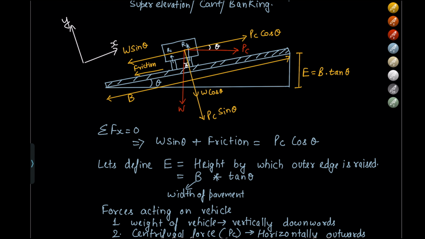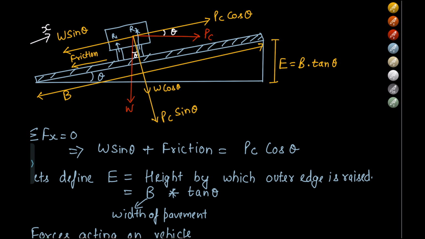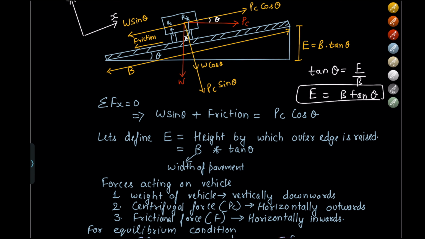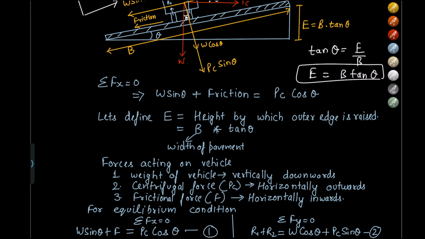If we put it in simple terms, tan theta would be equal to E upon B, and E would be equal to B tan theta, right? So that is it.